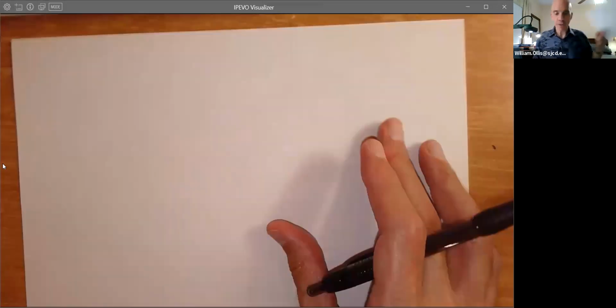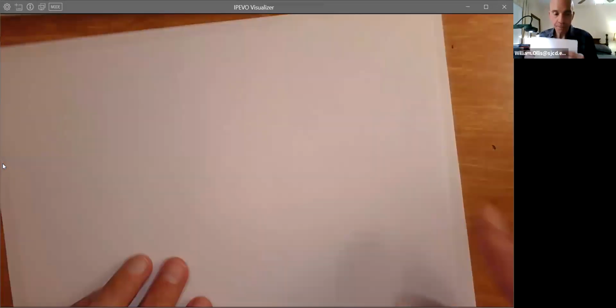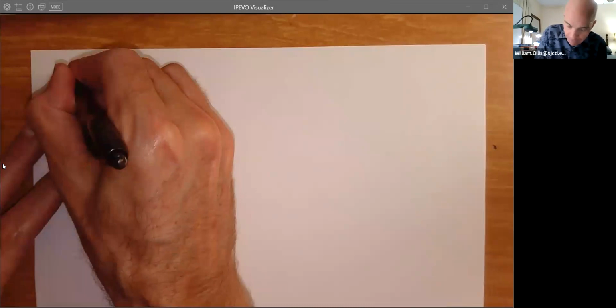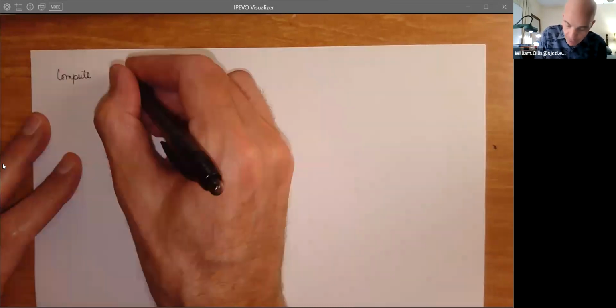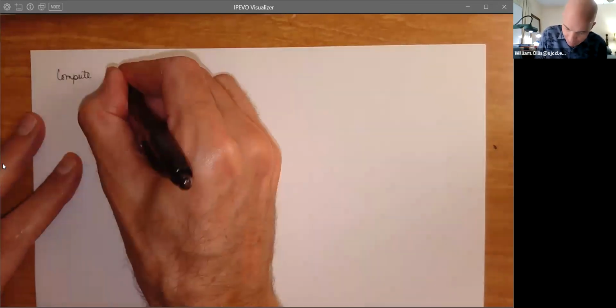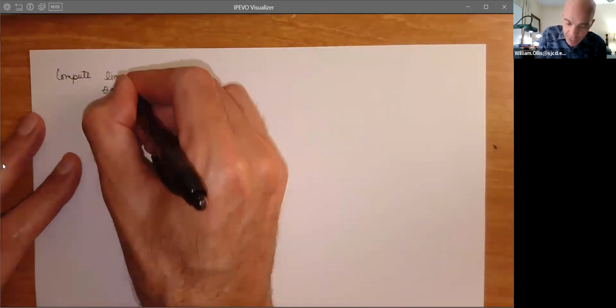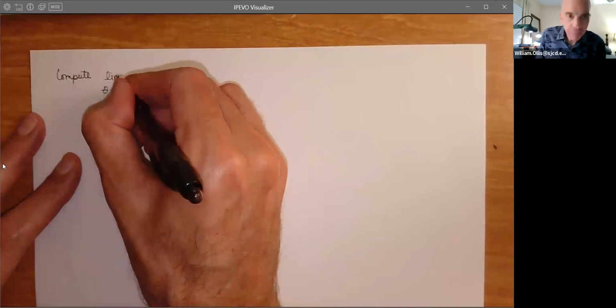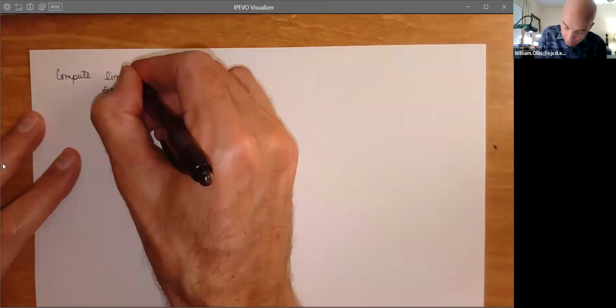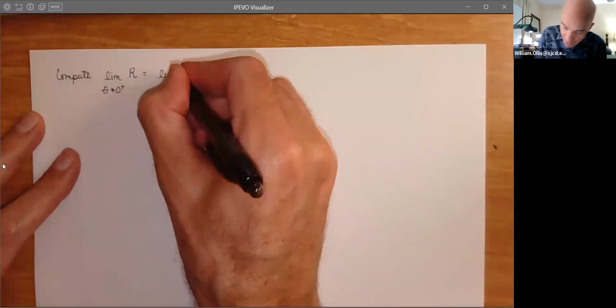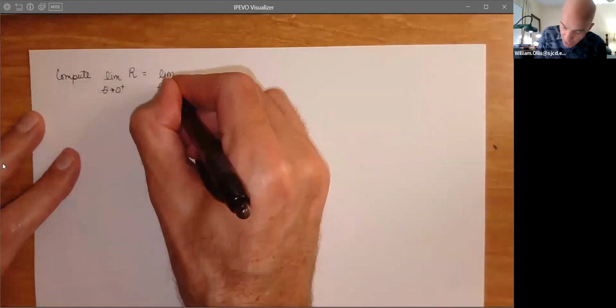So now we've done all the dirty work. So compute the limit as theta approaches 0. And in this case, it's really from above of R. But this is the limit as theta approaches 0.